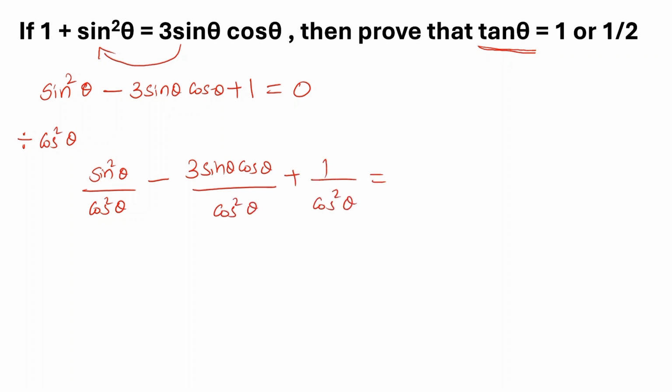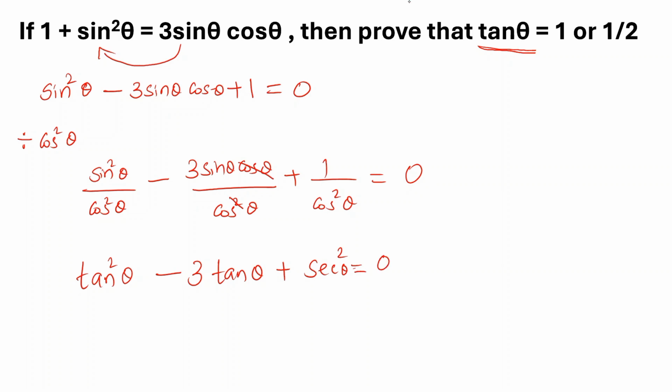And here 0 divided by cos square theta is 0. Sine square theta by cos square theta is tan square theta minus, here one cos theta cancels out and remaining 3 sine theta divided by cos theta, 3 tan theta, plus sec square theta equals 0.